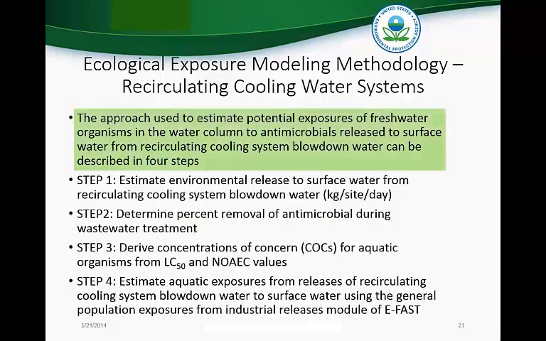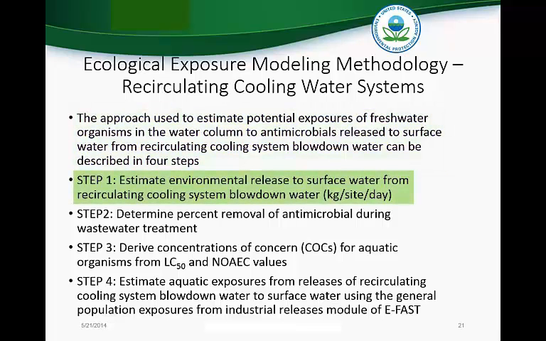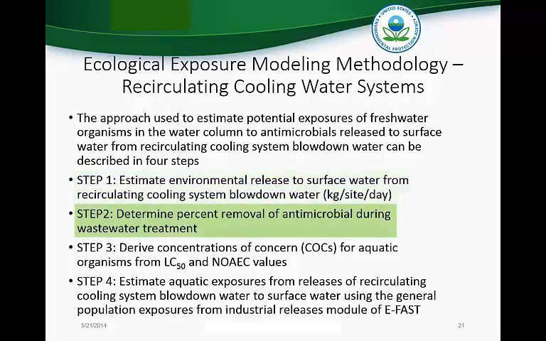The approach used to estimate potential exposures of freshwater organisms in the water column to antimicrobials released to surface water from recirculating cooling system blowdown water can be described in 4 steps. Step number 1, estimate environmental release to surface water from recirculating cooling system blowdown water. Step number 2, determine percent removal of antimicrobial during wastewater treatment.